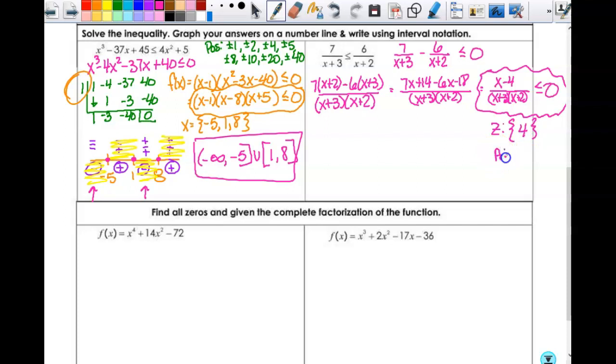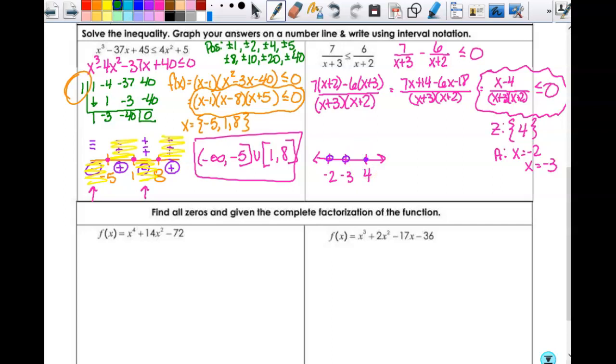My asymptotes are x equals negative 2 and x equals negative 3. So on my number line, here's my number line, I'm going to put negative 2, negative 3, and 4. And when I do that, the asymptotes always get open circles, and then the 0 gets a closed circle because of what's right there.